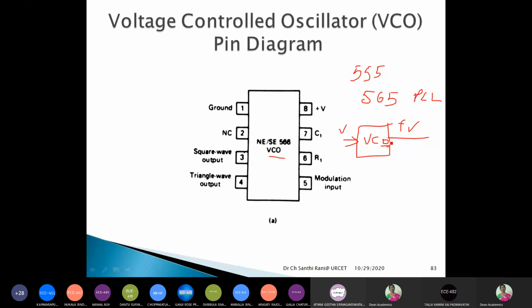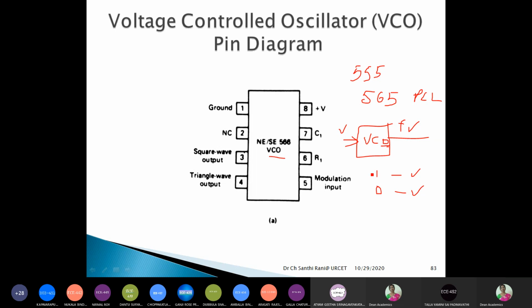Where is this voltage to frequency converter required? We have seen FSK modulation and demodulation. In FSK, binary signals are converted into certain frequencies and then transmitted. For binary 1 one frequency is assigned, and for binary digit 0 another frequency.